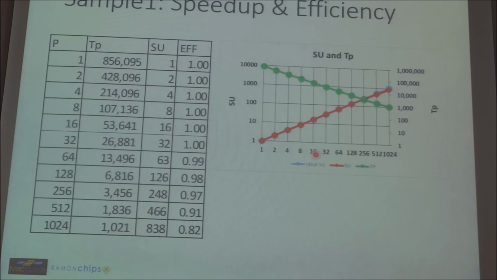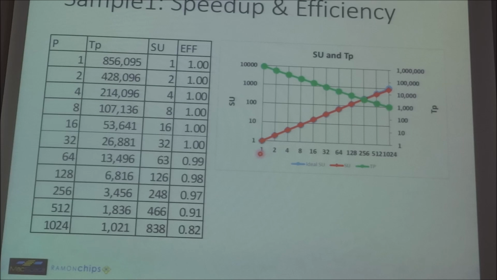I can draw this graphically, so I did this work. It took me 10 minutes of running and copying the values to an Excel spreadsheet. P is the number of cores, and all I need to copy is the total length of time, and then I compute speed up and efficiency. And I draw them on this chart.